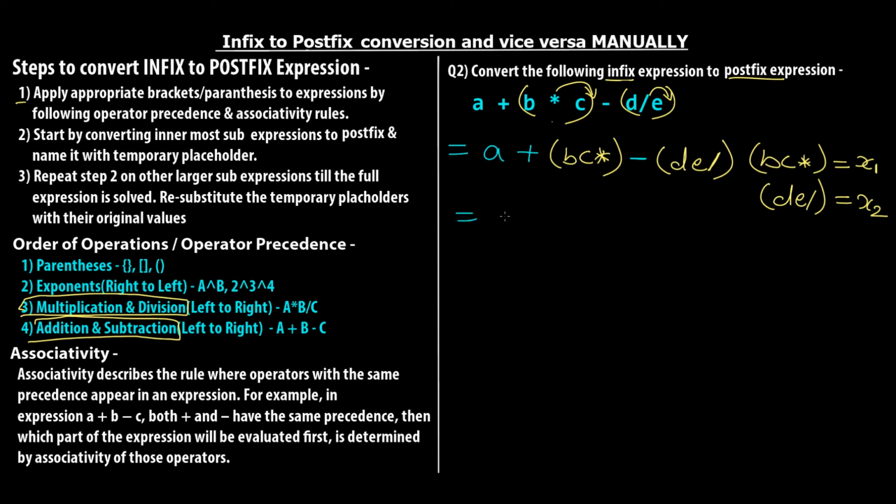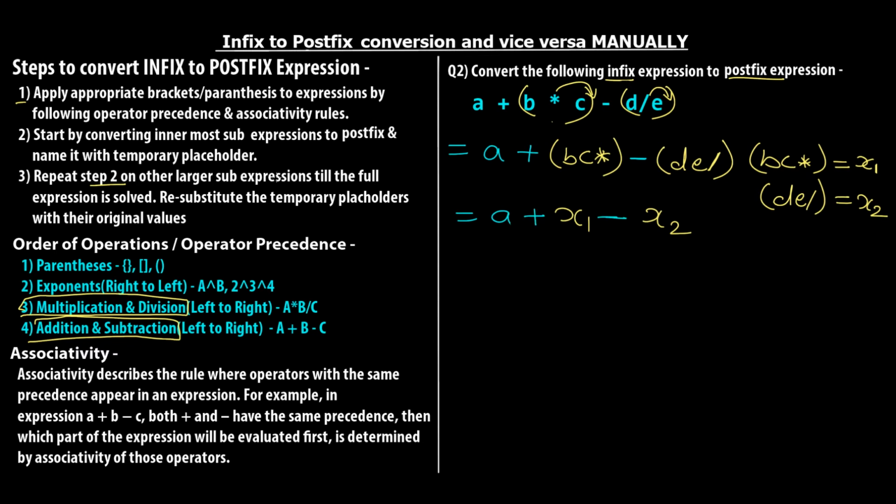Then we get the expression as A plus, BC star replaced by x1, a minus operator, and then DE divided by replaced by x2. So now you can see we have a simplified format. Now again, we will repeat step number 2 on the larger sub-expressions, because we still have to convert this plus operator and minus operator into their appropriate postfix format, because right now it is still in infix format.